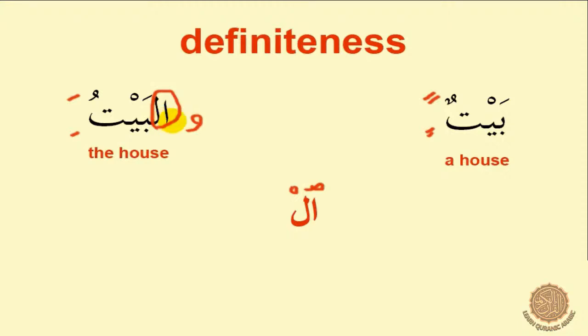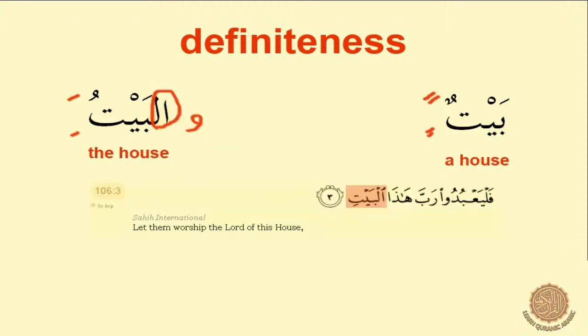Now, for example, in the Quran, we have this in Surah Al-Quraysh. And it says, فَلْيَعْبُدُوا رَبَّ هَذَا. And here is al-bayt. Now, there's a kasra there, and there's the al. So it's definite. And here, al-bayt refers to Baytullah, the house of Allah, the Kaaba.